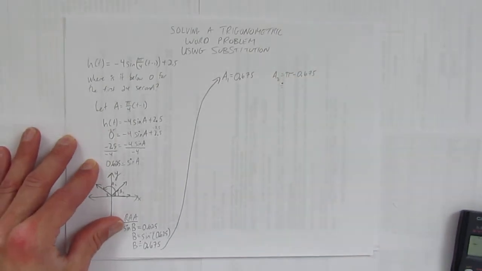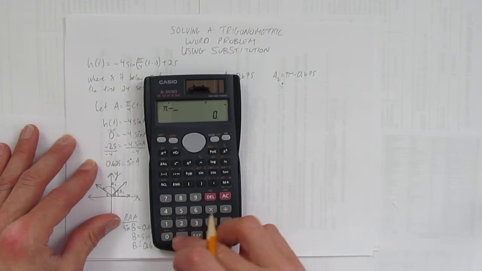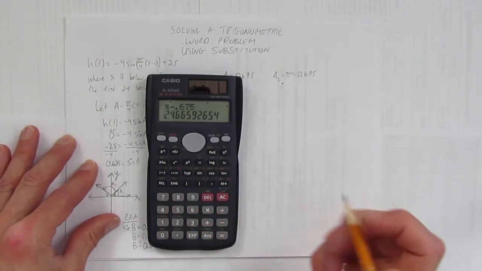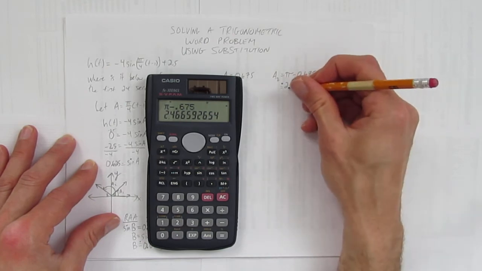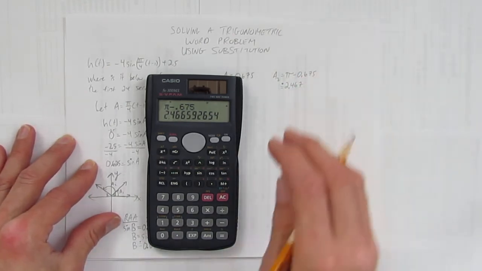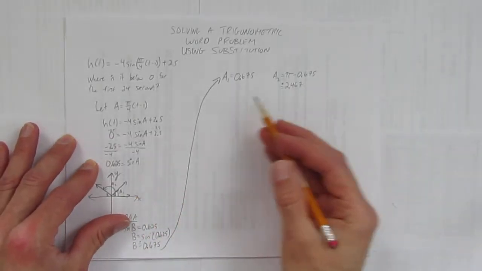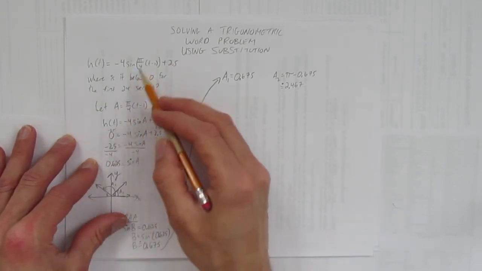We'll need a rounding dot because we're going to round based on pi minus 0.675, and we get 2.467, we're going to round to 3 decimal places.